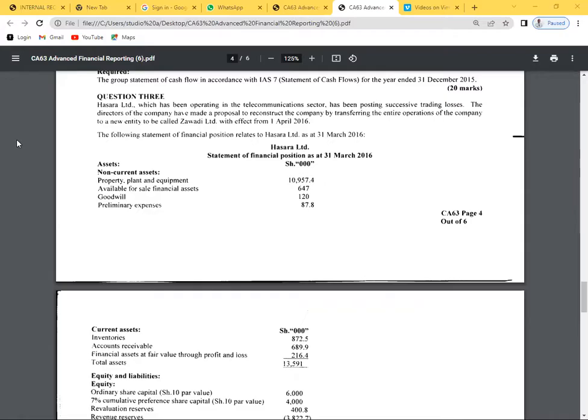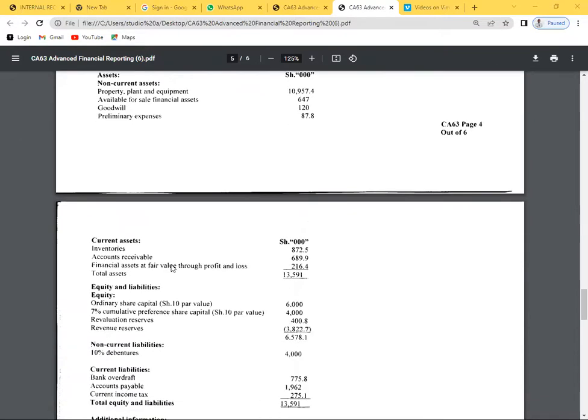From there, now we go to the financing bit where I can see equity and liabilities. What am I able to see there? I'm able to see the ordinary share capital. After share capital, I have a preference share capital.